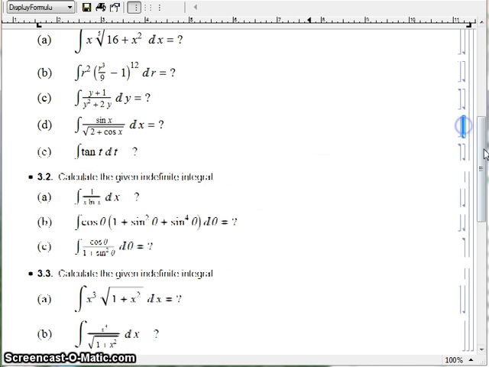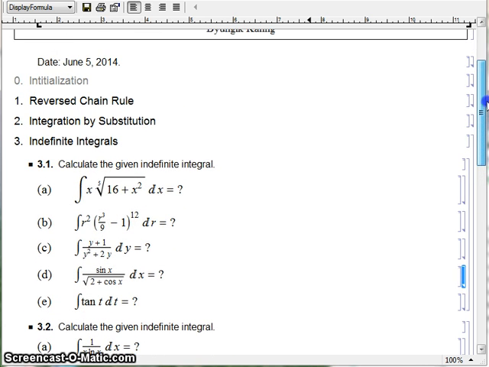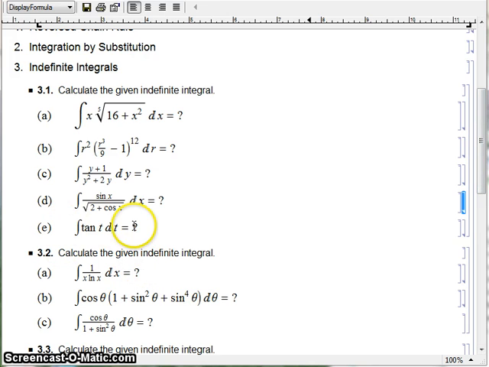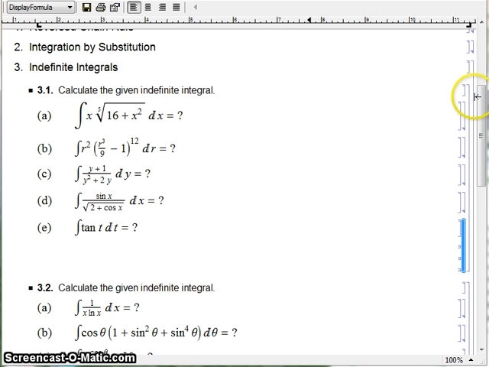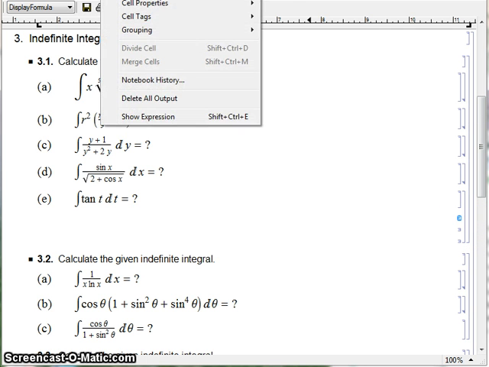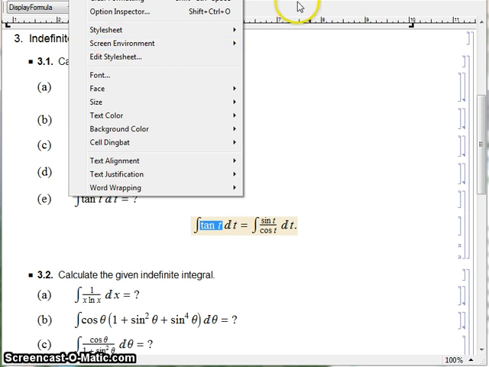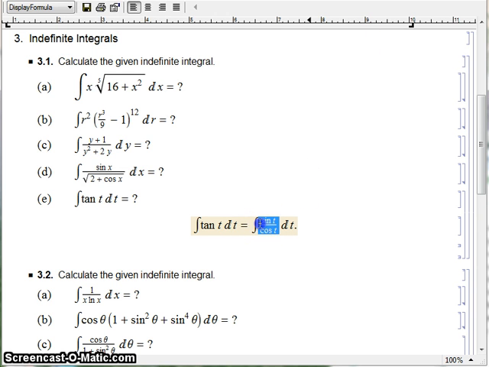Okay, let's do just one more example. Let's consider this example, the tangent function. This does not look like a composite function, but why did it appear in this section? Well, here we go. Please recall the trigonometric formula: tangent is sine over cosine.